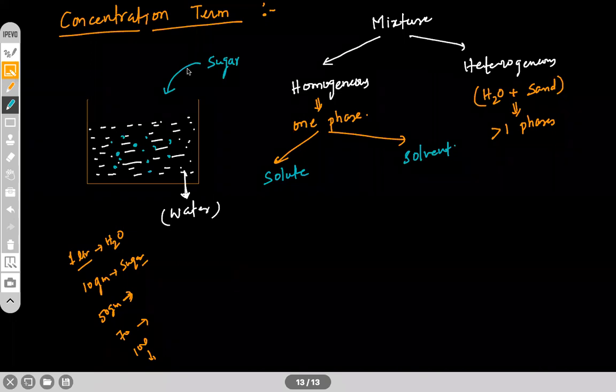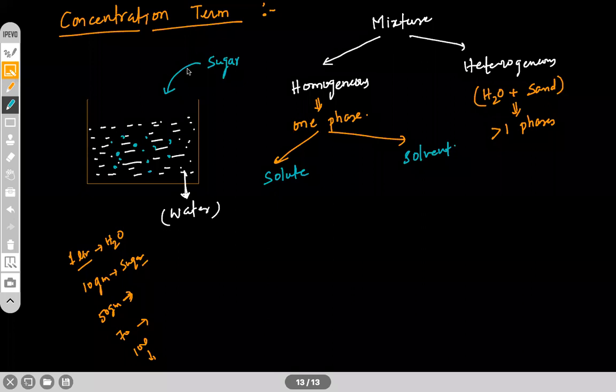So solute is something which gets dissolved into the other substance. Can I say that? Substance present in a small concentration is solute. Possible, can say that. Okay.